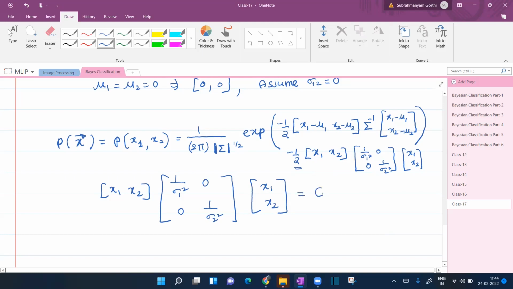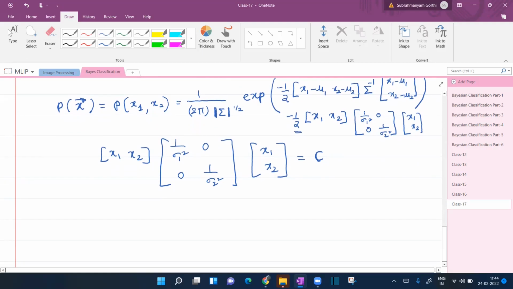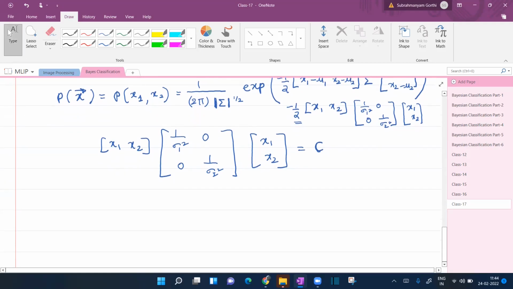This is equal to c. If you don't like me dropping minus 1 by 2, you take it and multiply on the other side with minus 2 and call it a new variable c. Now what is the value of your left-hand side?